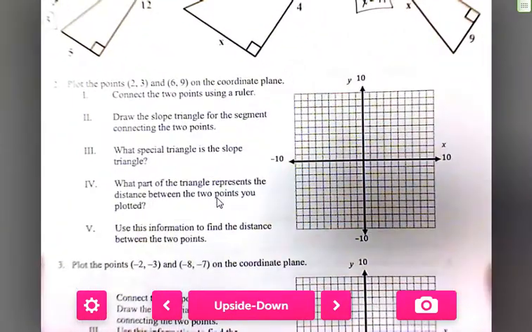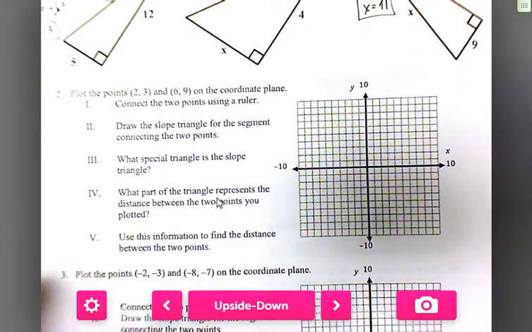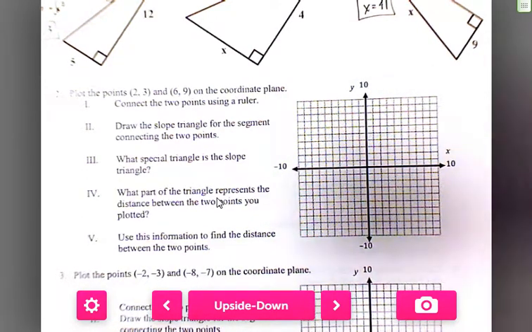So for number 2, it says plot the points (2, 3) and (6, 9) on the coordinate plane. And then we got to connect the 2 points with a ruler. So you don't need a ruler, but if you have a piece of paper, fold it in half and use it as a straight edge or something. But why don't you do that right now?